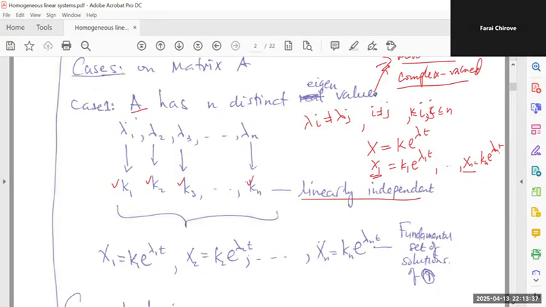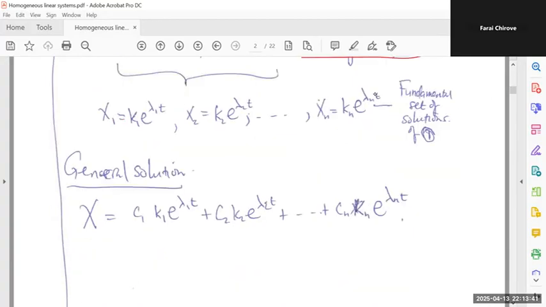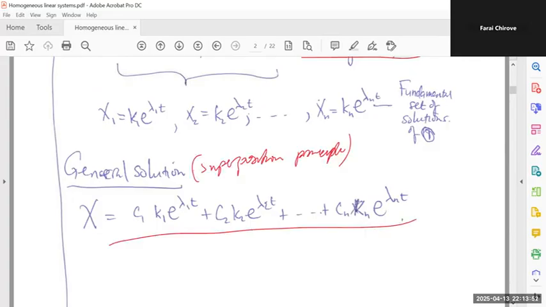Then we can use the general solution, using the superposition principle, to find a linear combination of all the n solution vectors, and these c's are constants of integration.